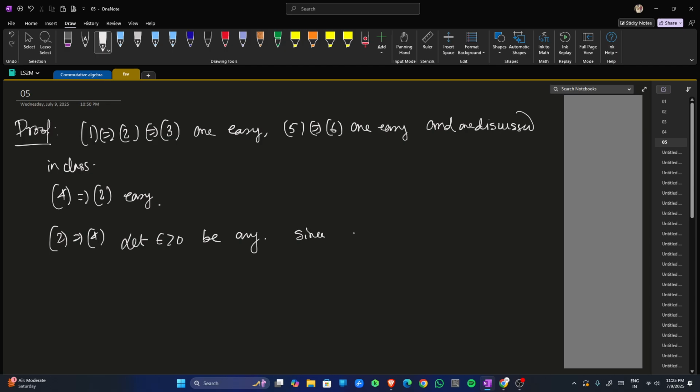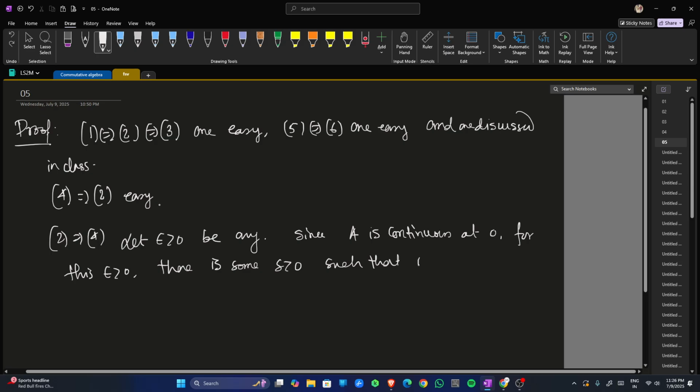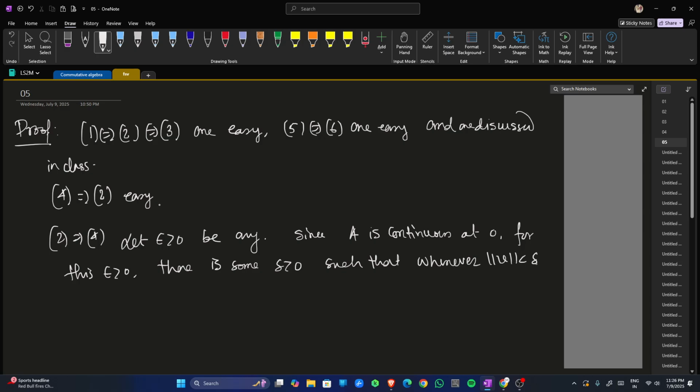Since A is continuous at 0, for this epsilon, there is some delta such that whenever norm v less than delta, this implies norm of Av is less than epsilon, right?